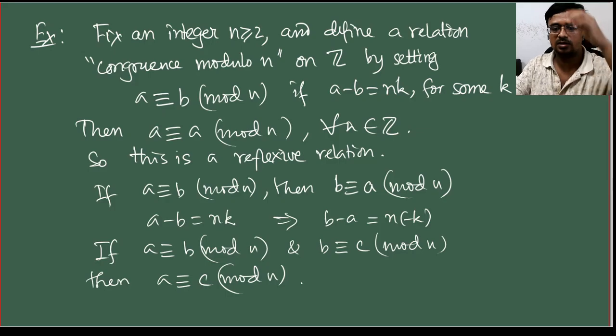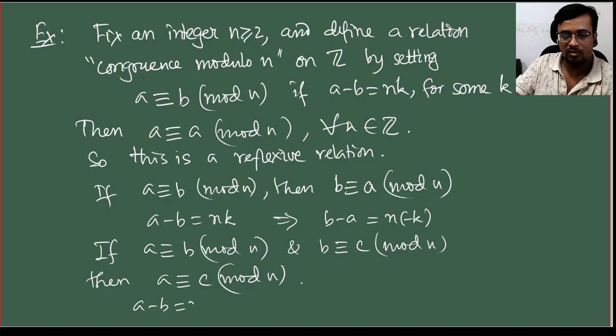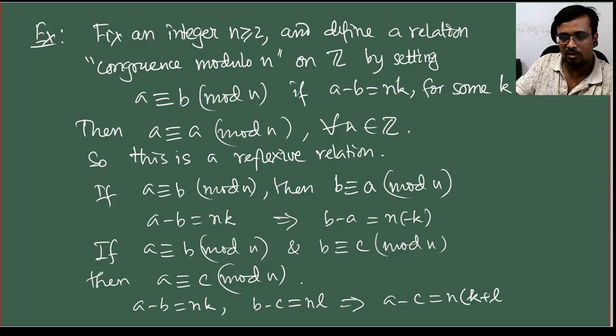Because A is congruent to B mod n means that A minus B is equal to nk, and B is congruent to C mod n means that B minus C is equal to nl for some integers k, l. So by adding these two equations we get A minus C is equal to n times (k plus l).